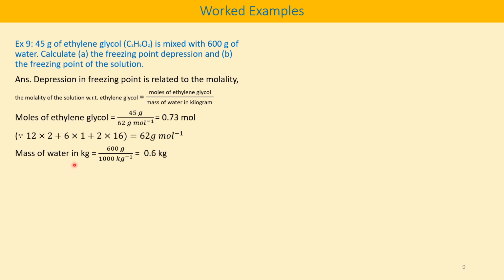Therefore, the mass of water in kg is 600 grams divided by 1000, that is equal to 0.6 kg. Hence, the molality of ethylene glycol is 0.73 divided by 0.6 kg, that is equal to 1.2 moles per kg.